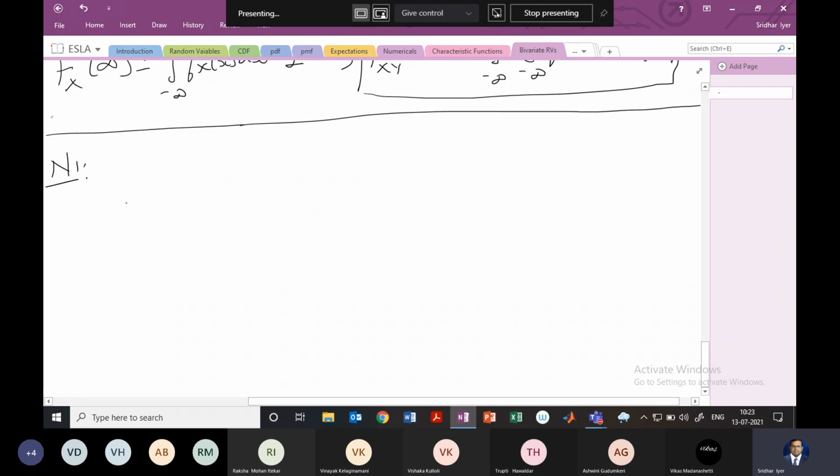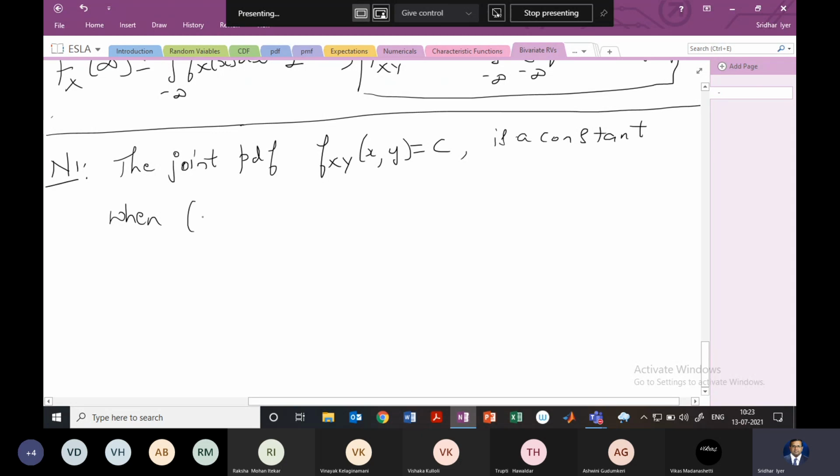The question is: the joint PDF fxy of x comma y equals c, where c is a constant, when x is between 0 and 3 and y is between 0 and 3, and it is 0 otherwise.